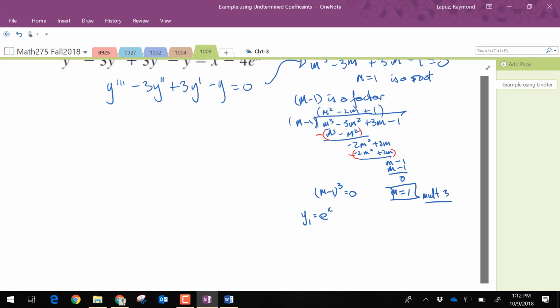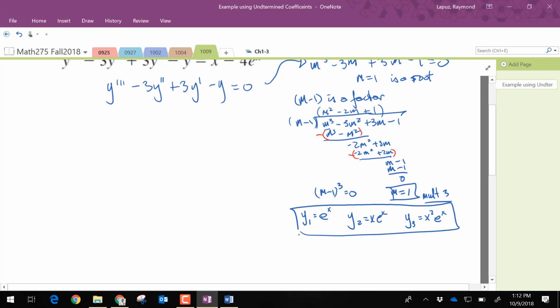Actually, we're going to do it twice. So without doing the reduction of order, we can just conclude that our 3 fundamental solutions are e to the x, x times e to the x, and x squared times e to the x.